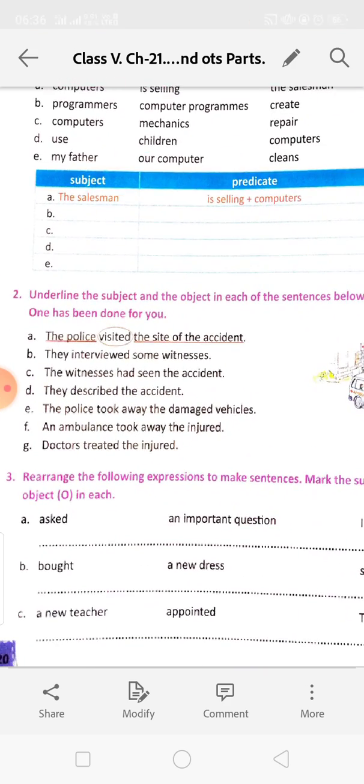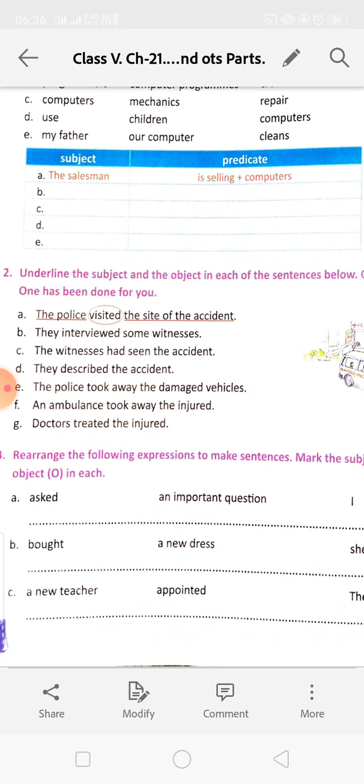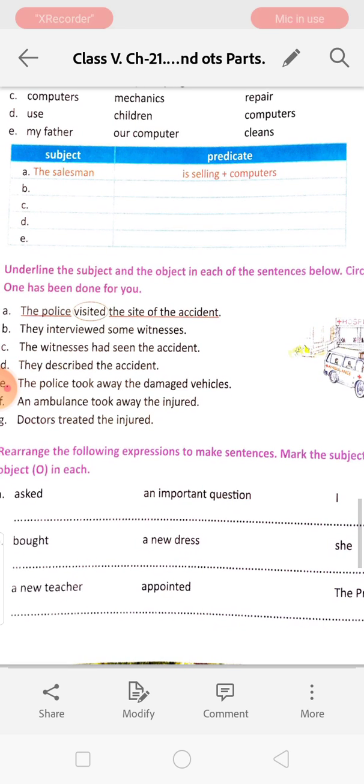Next, underline the subject and the object in each of the sentences below. Circle the verbs. One has been done for you. The police visited the site of the accident. The police is the subject, visited is the verb, and the site of the accident is the object.